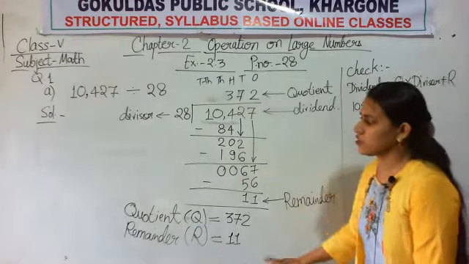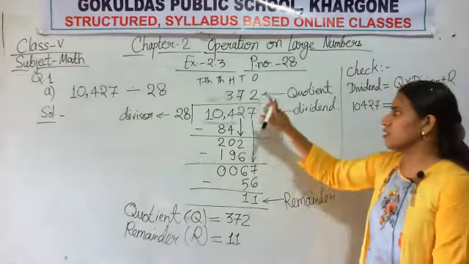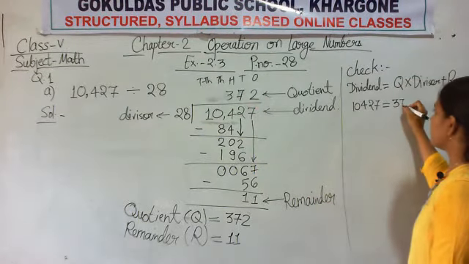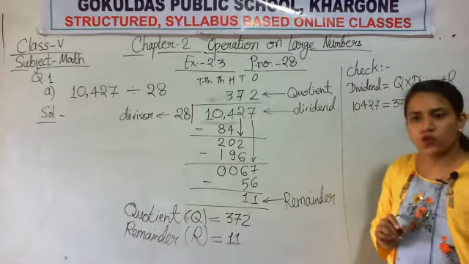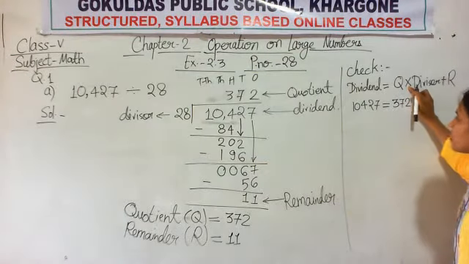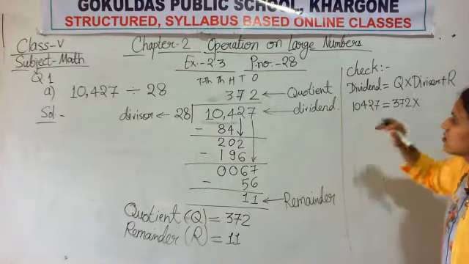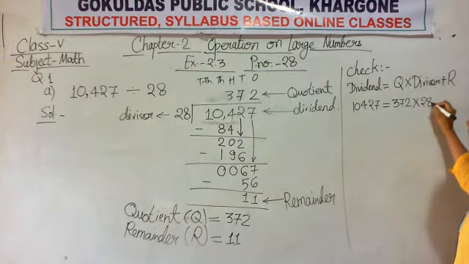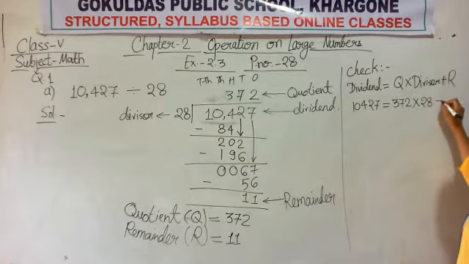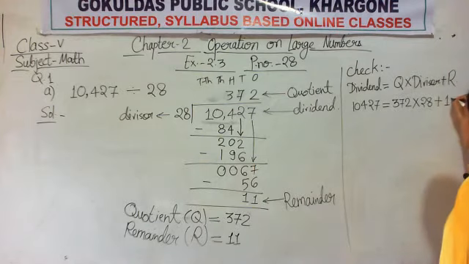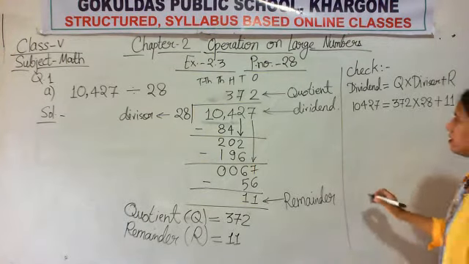After the process of division you got quotient 372. Then multiply symbol is there, so put multiply. Your divisor is 28, so I am writing 28. Then plus symbol, then remainder. Your remainder is 11, so I am writing 11 over here.